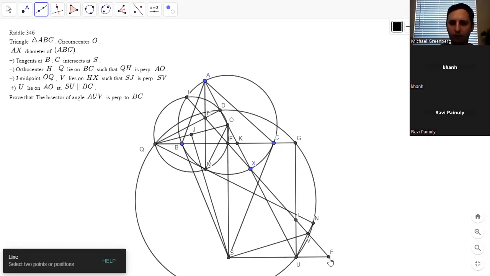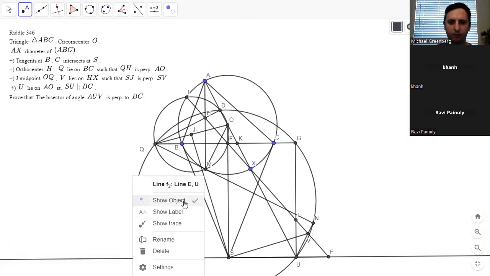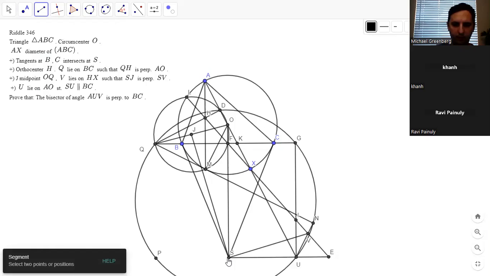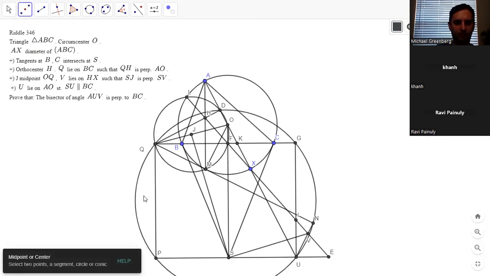And this just goes to the reflection of U over S. I don't know if this really makes it that much easier, but this is a rectangle. We want to show that NPDG is harmonic.